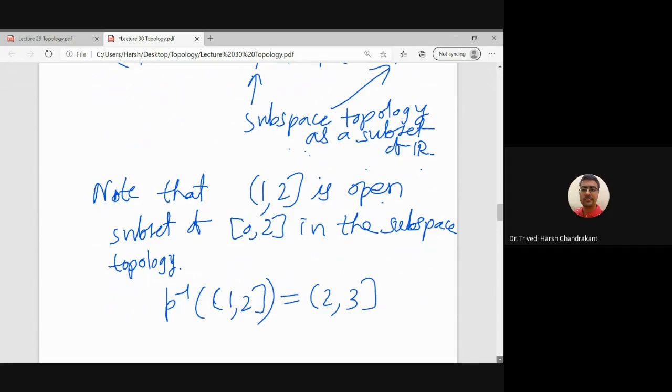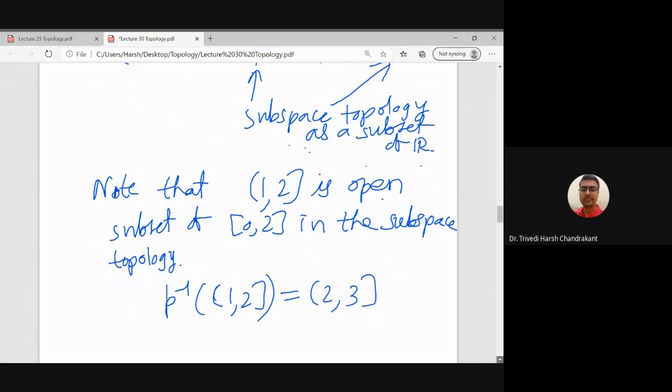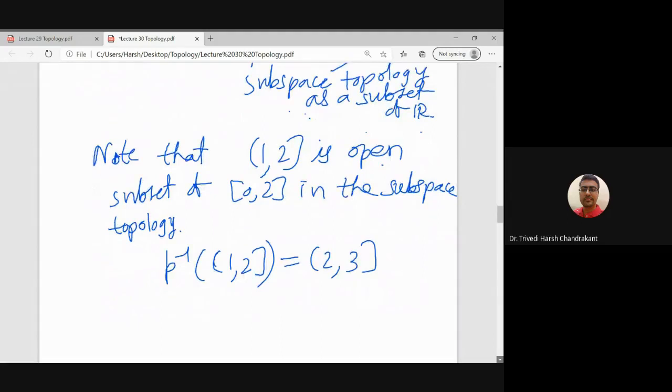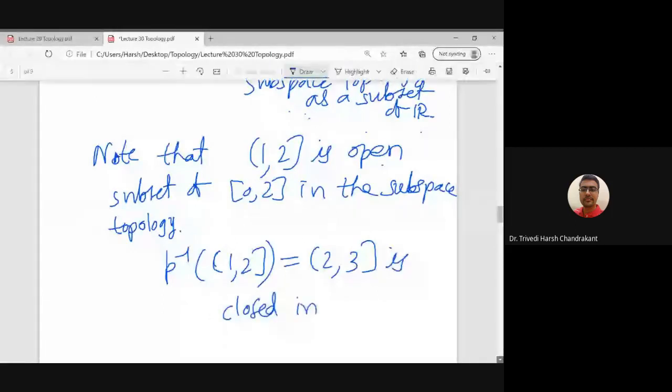And then we can easily see that this set is closed in the domain.